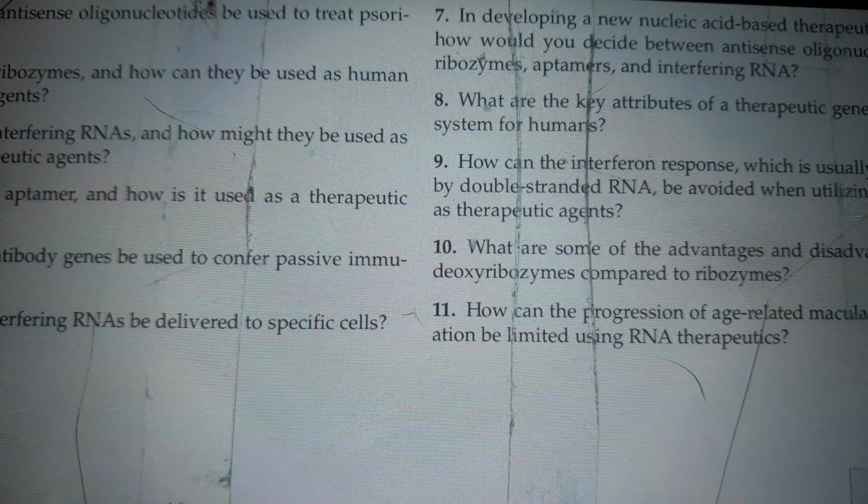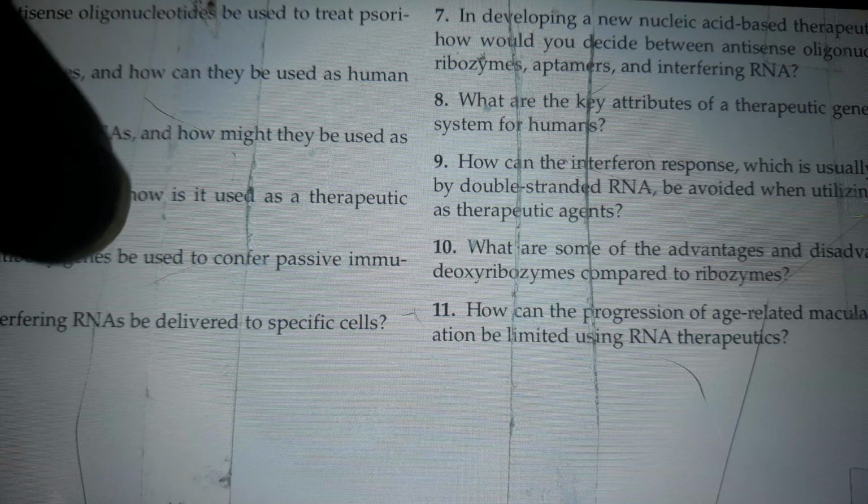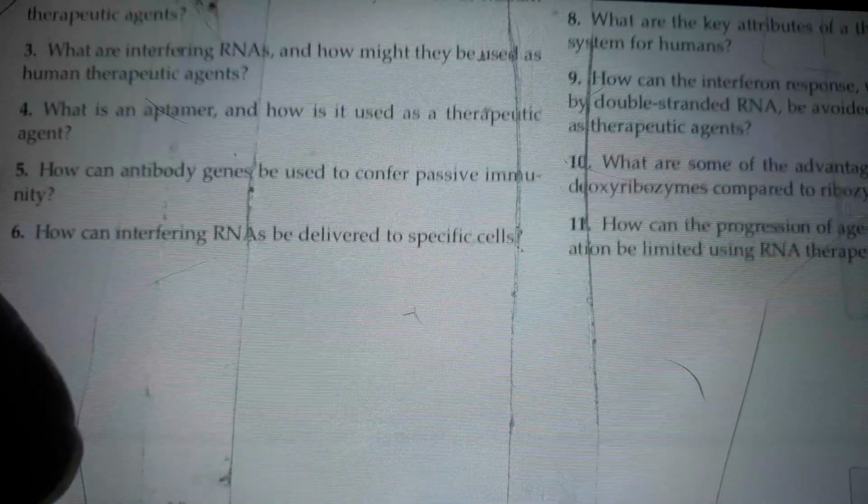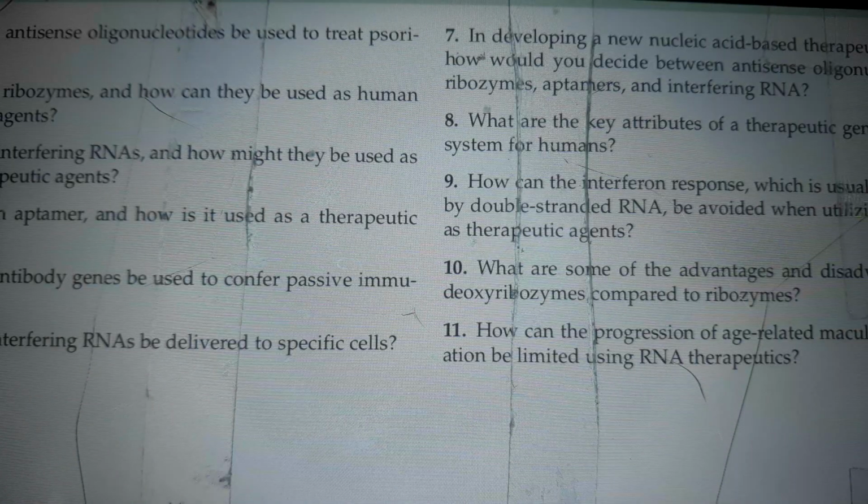What are some of the advantages and disadvantages of deoxyribozymes compared to ribozymes? How can the progression of age-related macular degeneration be limited using RNA therapeutics? Right, that's it for the questionnaire session as well, the review questions on this particular subject of nucleic acids as therapeutic agents.